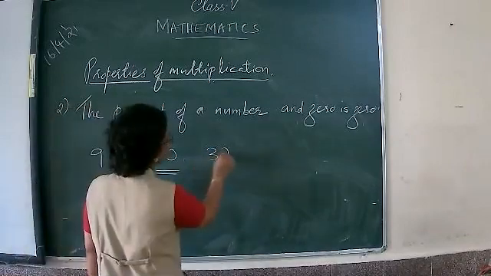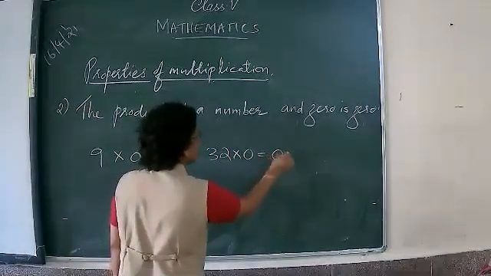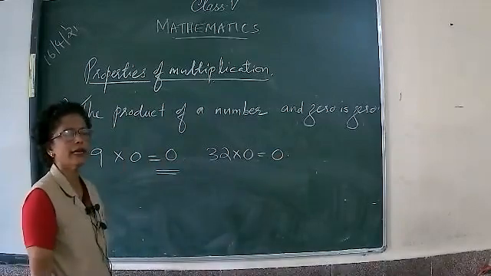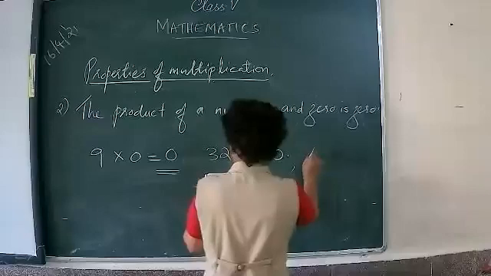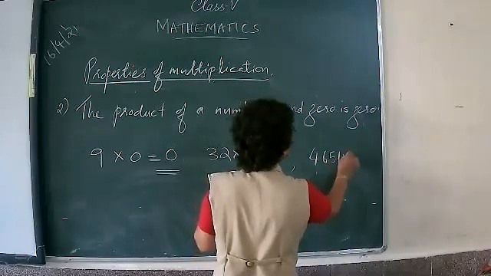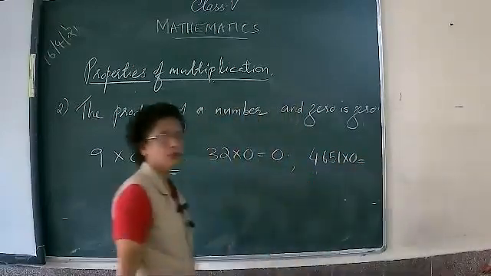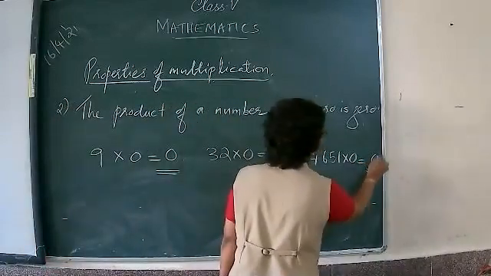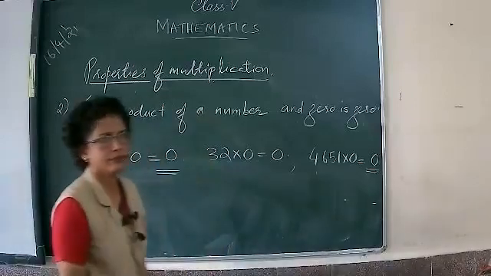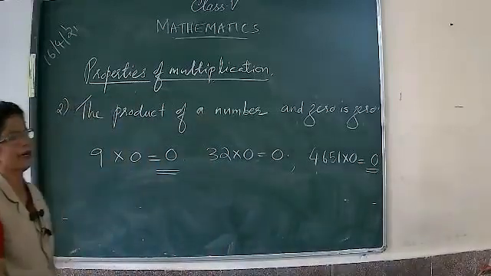And 32 into 0, the answer is 0 only. So without doing anything, you can write 0 there. Another, 4651 into 0. You don't have to do any multiplication there. Simply write 0. Is it clear? This is the second property there.